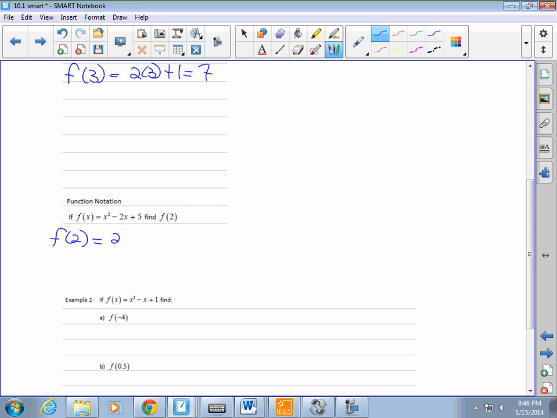So this becomes 2 squared minus 2 times 2 plus 5. So this is 4 minus 4 plus 5, so my answer is 5. So the function at 2 is equal to 5. Another way to write this would be that (2, 5) is your coordinate.